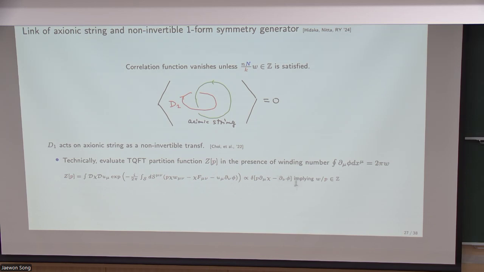So this implies that the winding number divided by p should be an integer. This is because the winding number of chi should be 2 pi z, and the winding number of del mu phi should be 2 pi z. From this delta function, we have this constraint. And by multiplying q, we have this constraint.